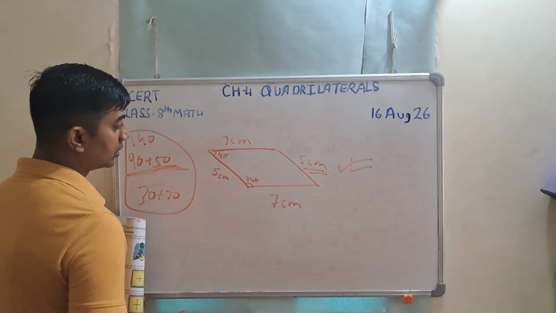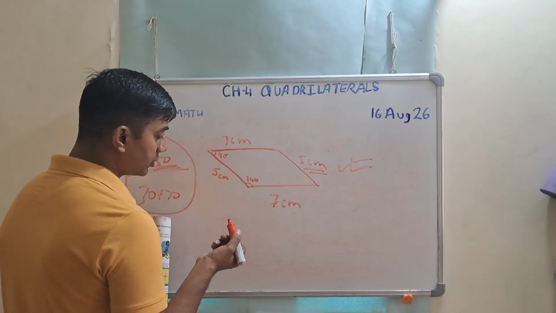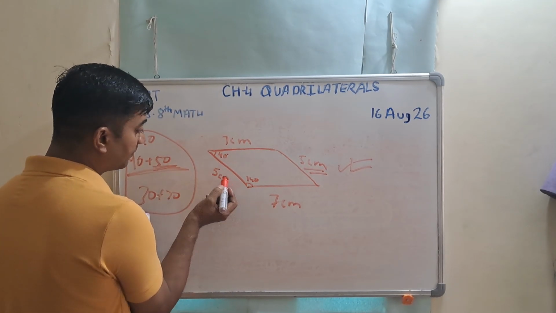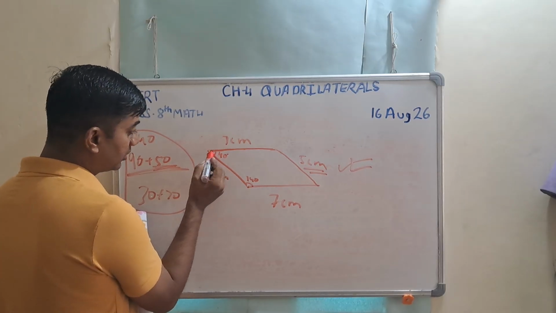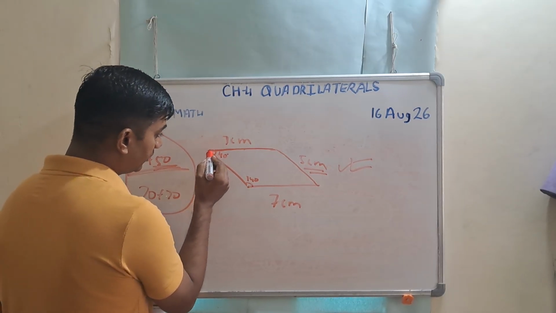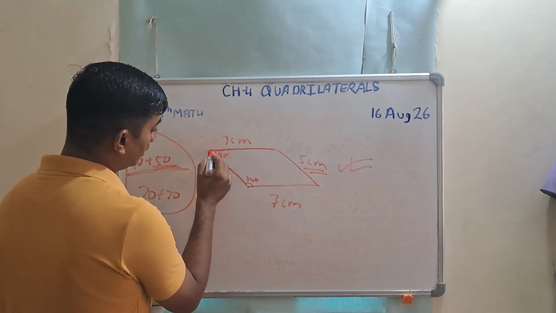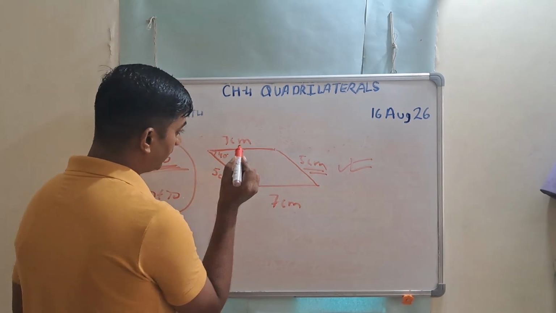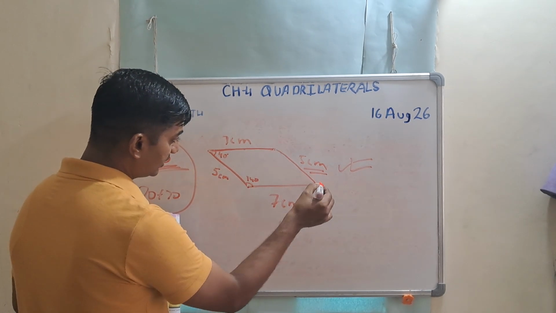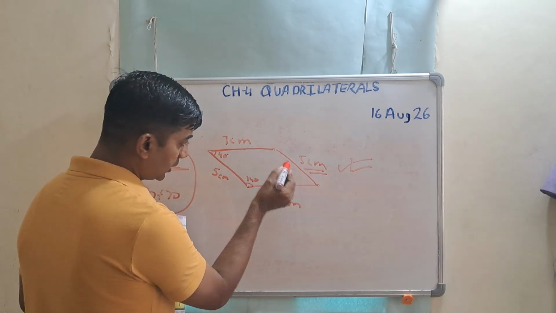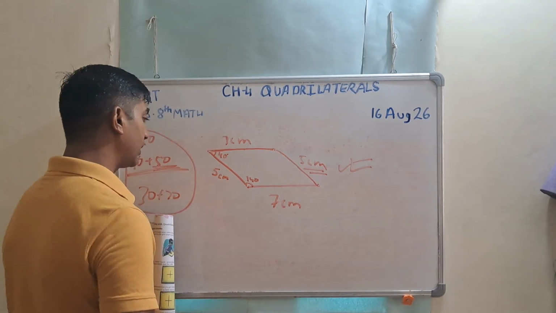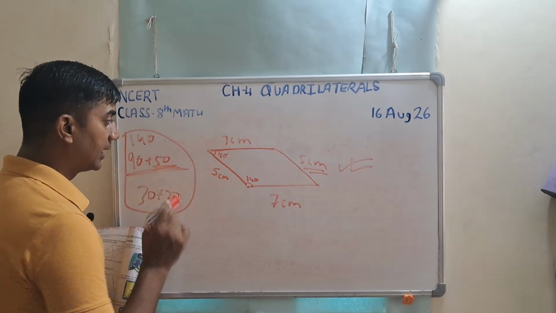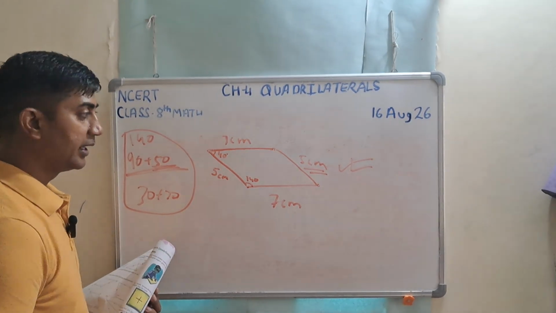Understood? So this is your cross check. When you draw one angle of 140 degree with 5 centimeter length, then you draw an angle of 40 degree and measure 7 centimeter, then the distance between this point and this point should be exactly 5 centimeter. It means you have drawn it correctly and your figure is right. In this way you can draw.